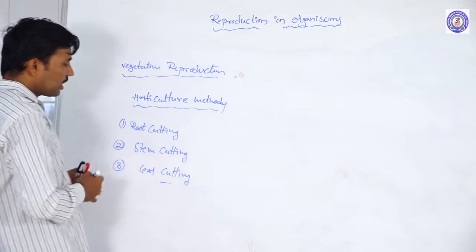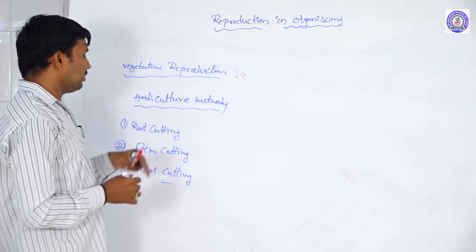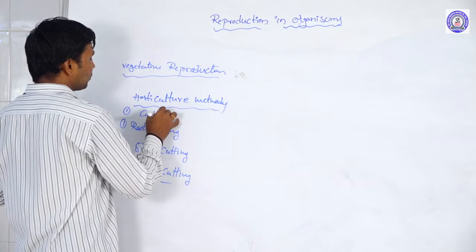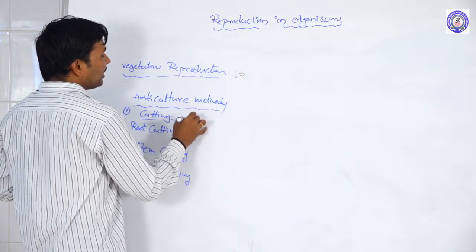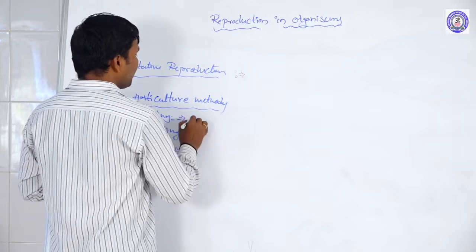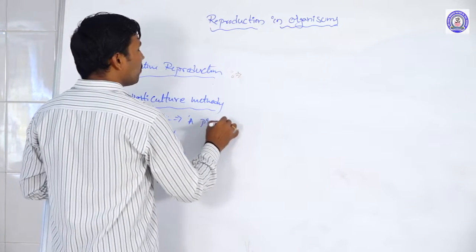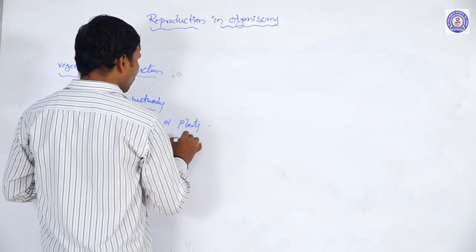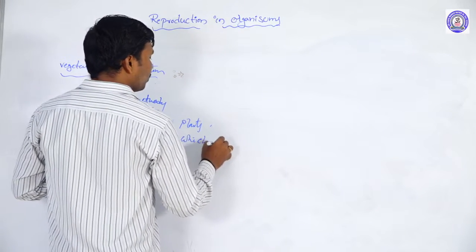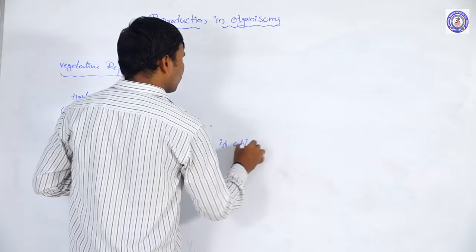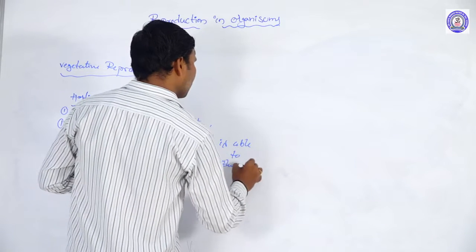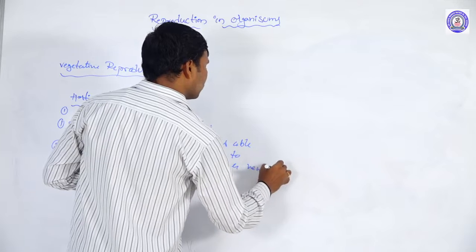So these are the cutting. What is meant by cutting? First one is the cutting process. A cutting is a piece of a plant which is able to produce a new plant.